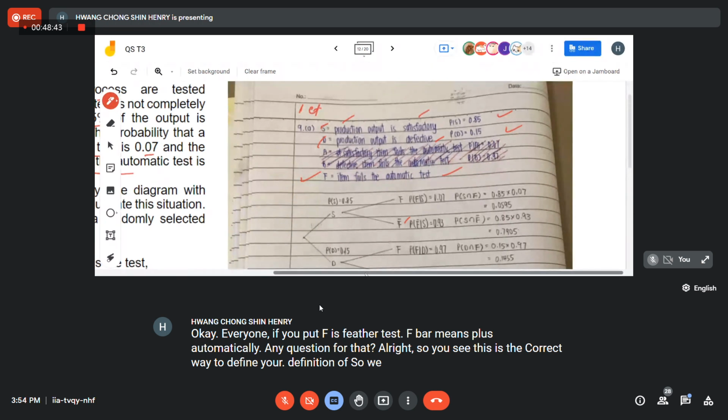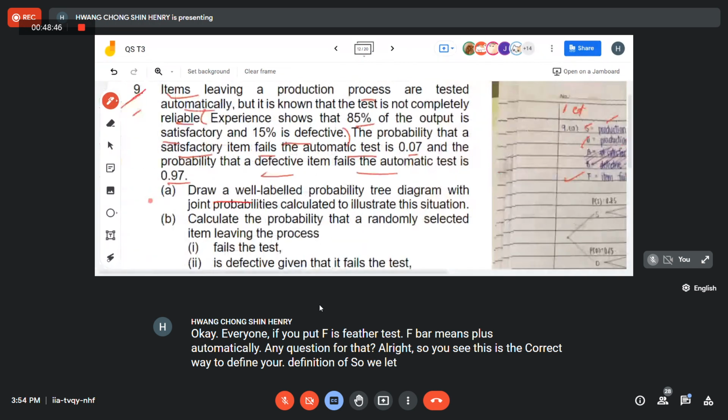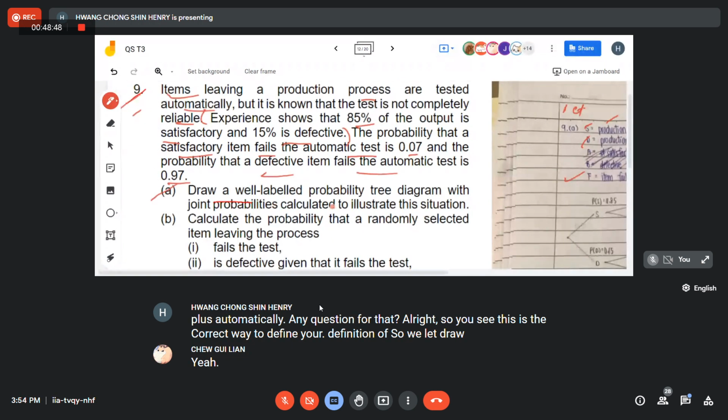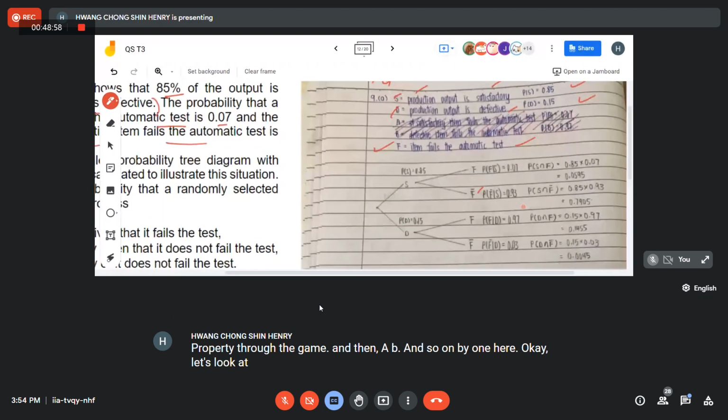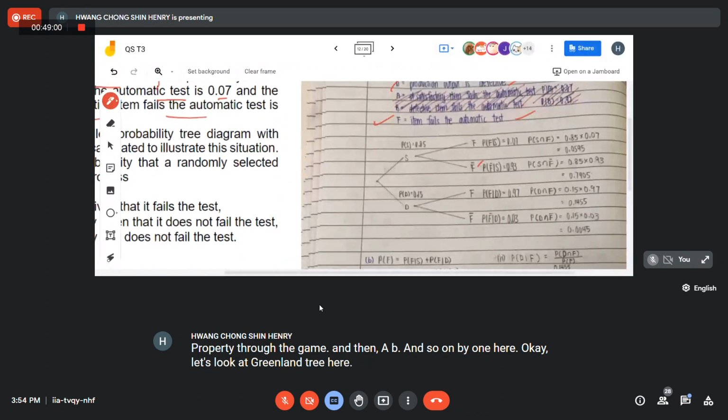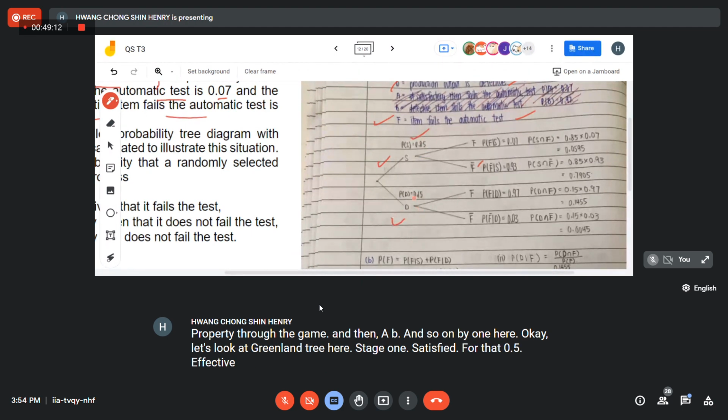So we draw and label the probability tree diagram, and then for part B, we answer one by one here. Okay, let's look at the tree here. Stage 1, satisfied product 0.85, defective product 0.15.